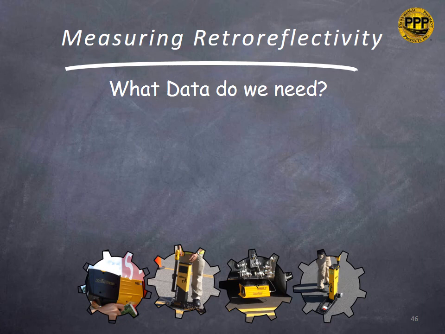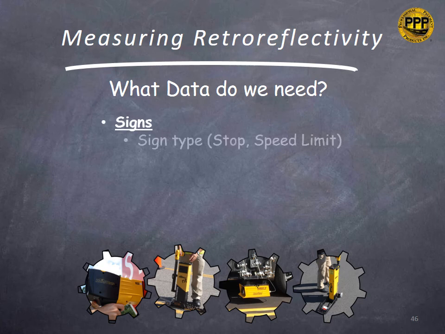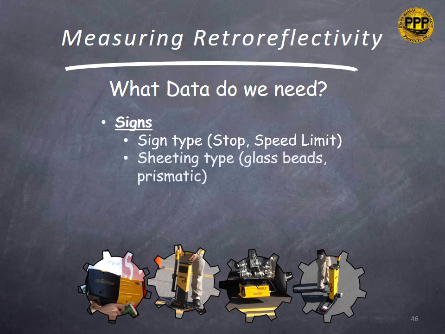The data must also provide information on the type and condition of the sign, line, or marker. For signs, we need the sign type, such as a stop sign, a speed limit sign, the sheeting type. Is it a prismatic material? Is it a type 1, type 2, type 3? Is the sign damaged?